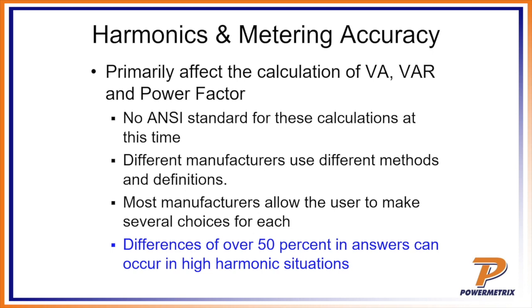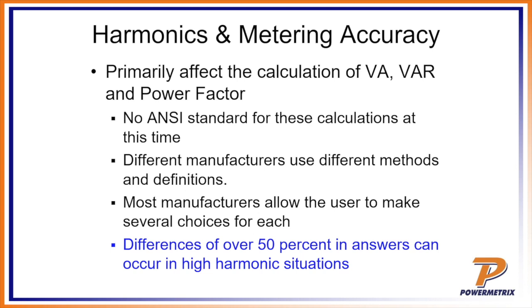You might take 3 meters and get 3 different answers, as much as 50% different. And so the ANSI committee, ANSI C12, which is our standards committee that defines what is a meter and how metering should be done, has been taking on the challenge of trying to figure out the standard formula for VA and VAR for a meter.